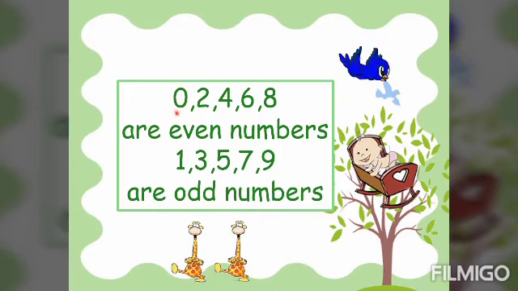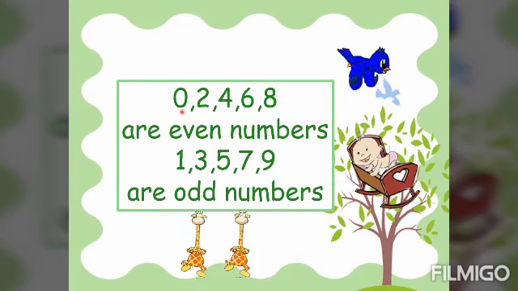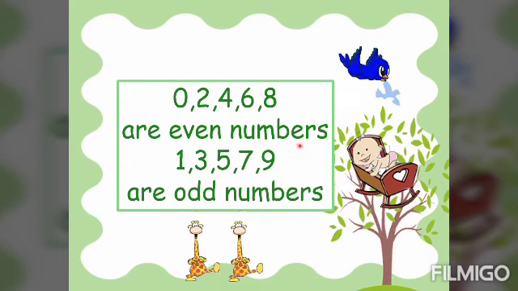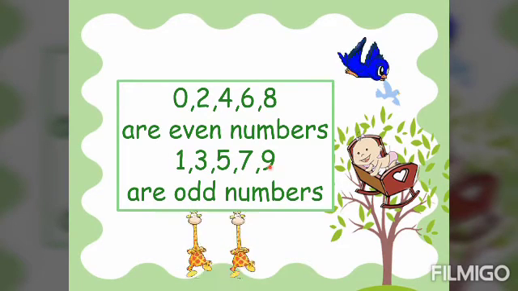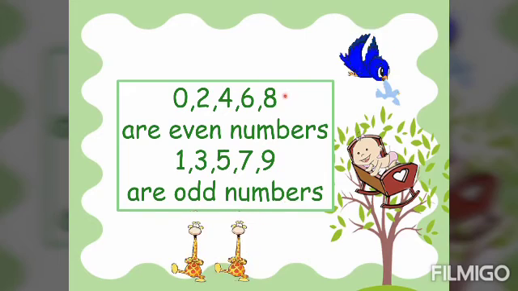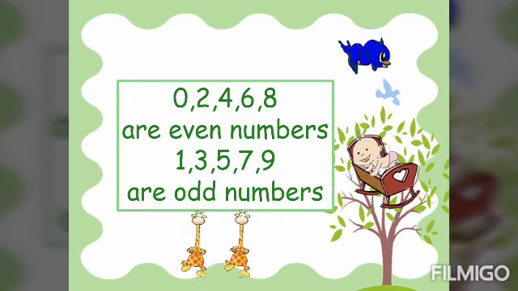We have here 0, 2, 4, 6, and 8 are even numbers, and 1, 3, 5, 7, and 9 are odd numbers. So please, class, do not forget all these numbers so that during the activity later you can answer.